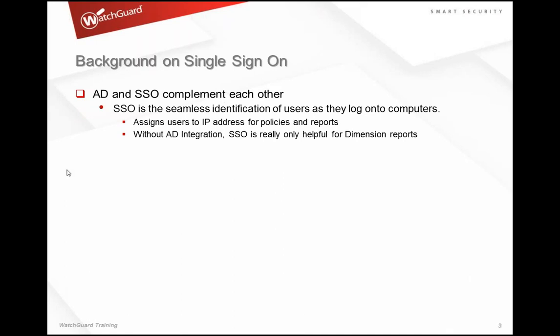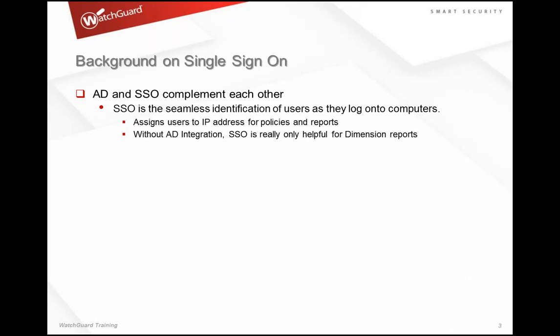So again, just the background on single sign-on. Active Directory and single sign-on complement each other. Single sign-on is the seamless identification of users as they log on to computers, and it assigns users to IP addresses for policies and reports. As I talk about those policies, maybe it's a bank teller policy that I want to tie directly into my Active Directory user group, and Johnny belongs to bank tellers.